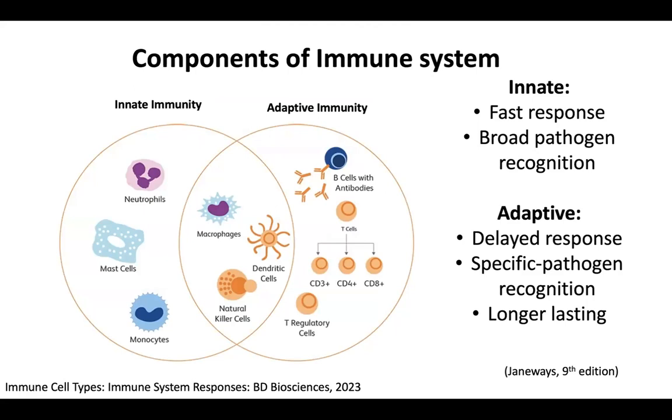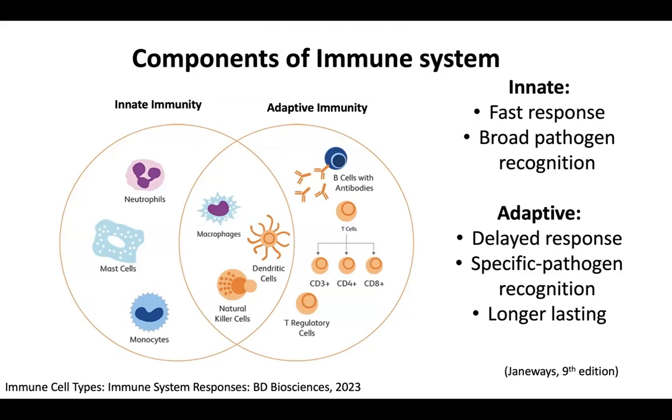invading microbes. The foreign microbes that can cause disease, we call those pathogens. Basically, the innate immune response recognizes broad pathogens. That is different from adaptive immunity, which is a more delayed response.